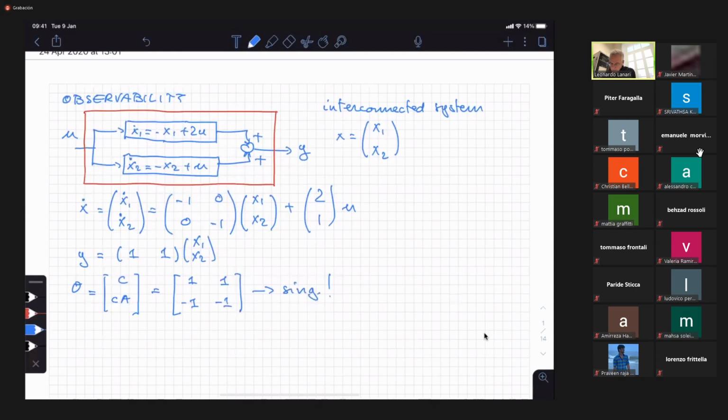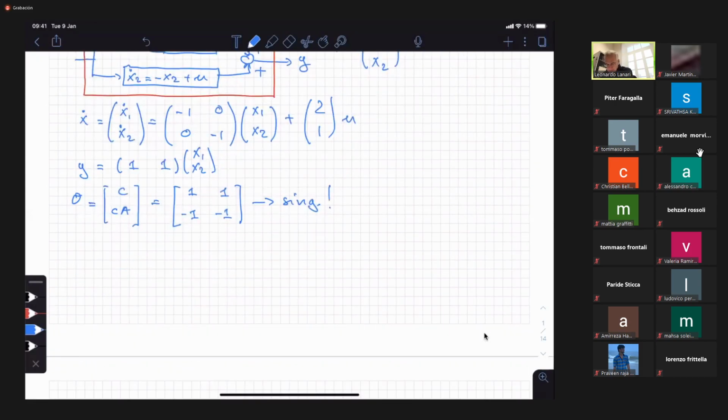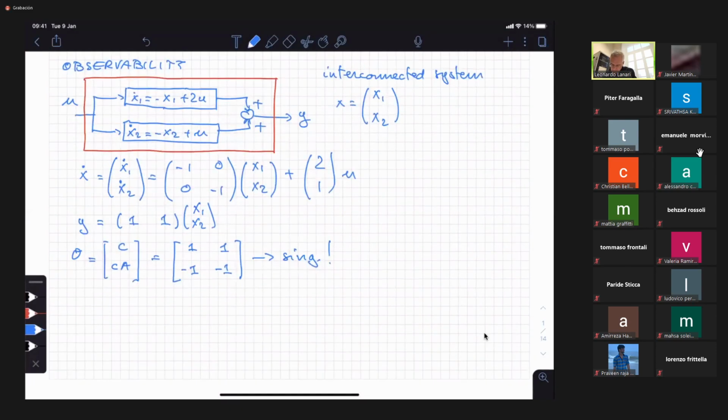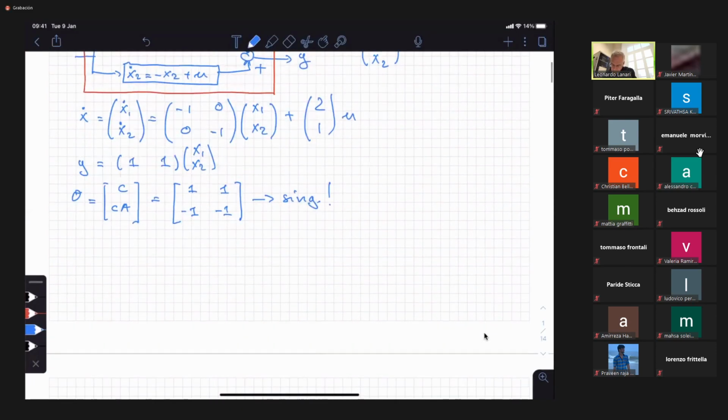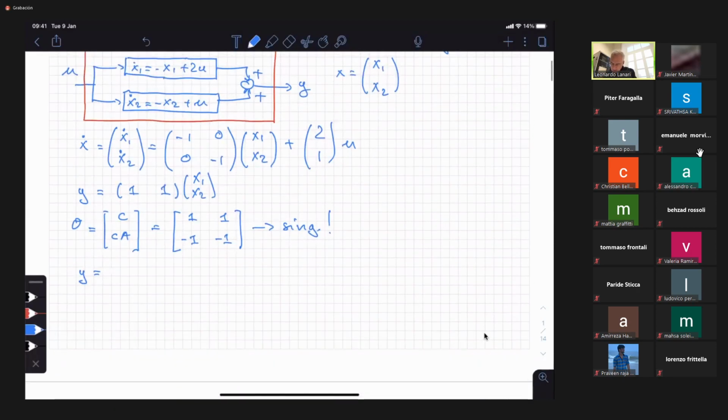Then we said, okay, let's do something slightly more general, so it's not really a parallel system with this choice of the output. So let's take a generic output. So we have the two systems like this, and we could ask ourselves, is there any choice of the output for which the system does not have a non-observable subsystem?